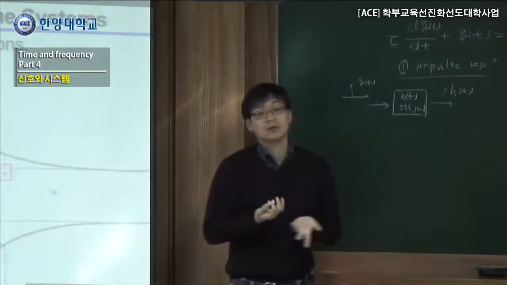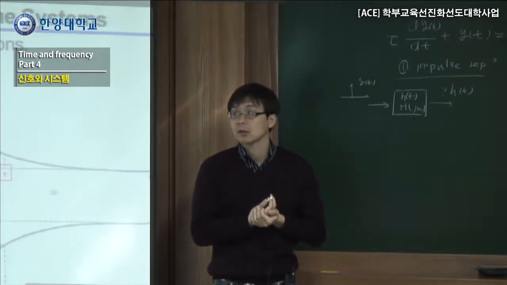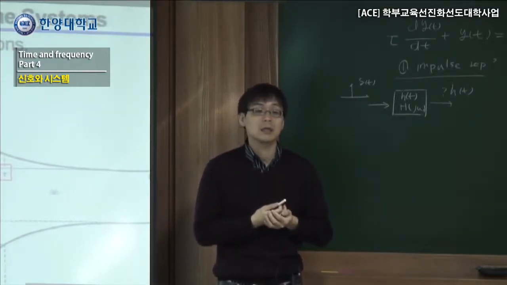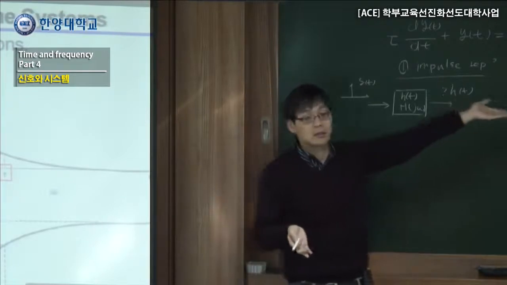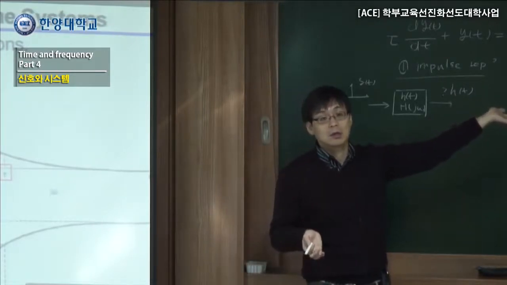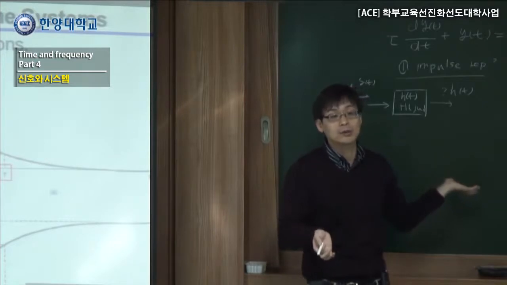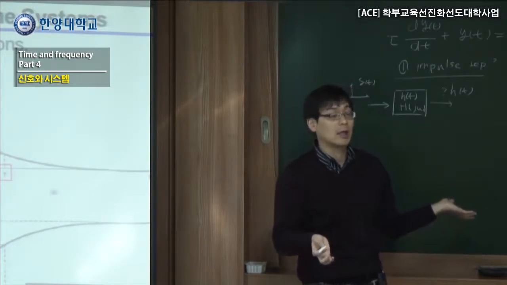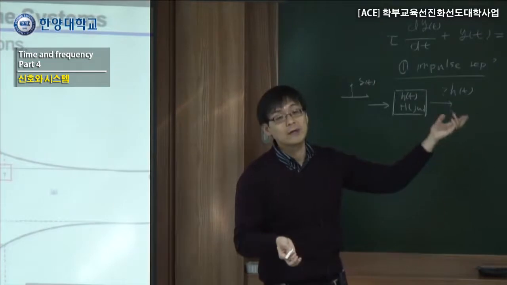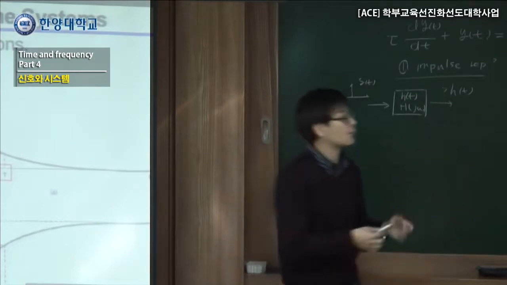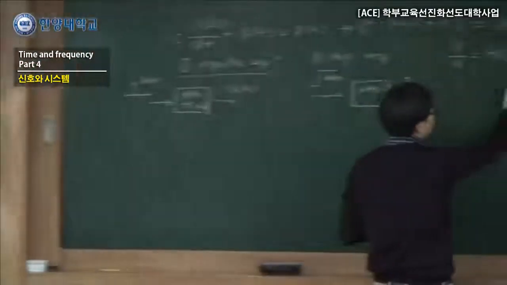So if you are asked to find the impulse response in the frequency domain, that is your answer. If you are asked to find the impulse response in the time domain, then you have to do the inverse Fourier transform of this.